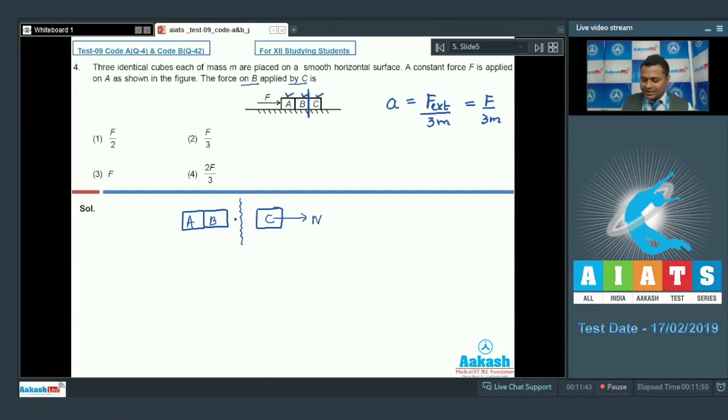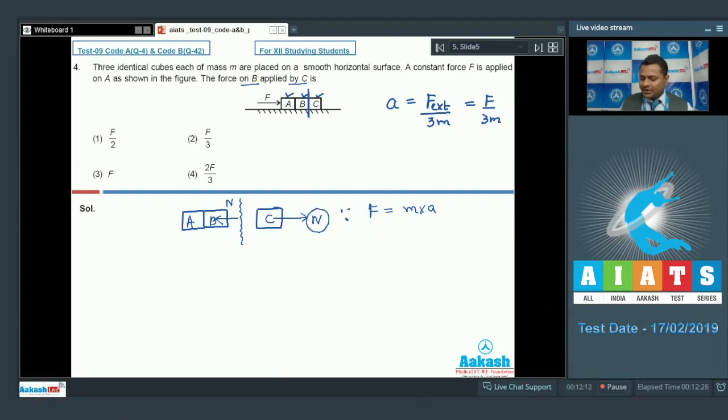As a result, C will exert the same normal reaction but in opposite direction this way. So now we have to calculate the force exerted by C on B, that is N. So ultimately we have to calculate the normal reaction, which we can calculate using Newton's second law on block C also. Net force acting on a block always equals mass of the block into acceleration.